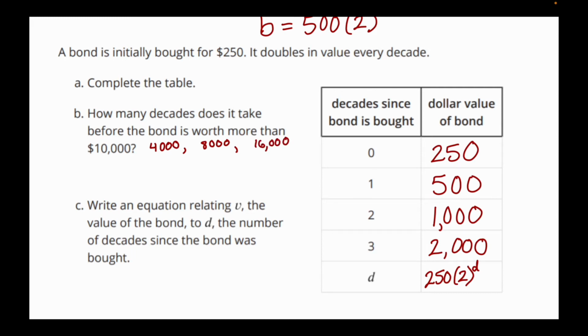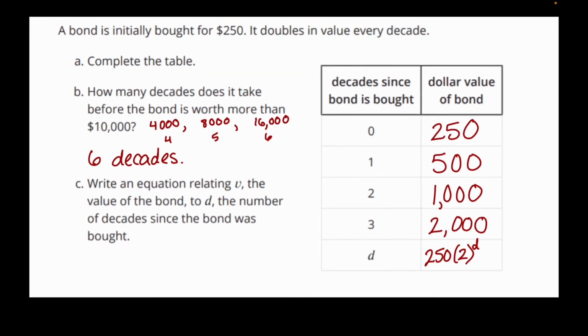So this was going to be decades 4, 5, and 6. I would say 6 decades is my answer. Because at 5, it is still not quite at 10,000.